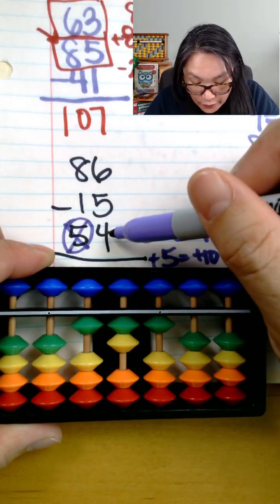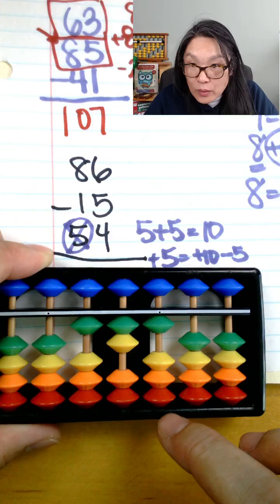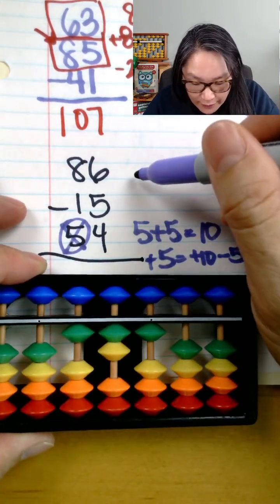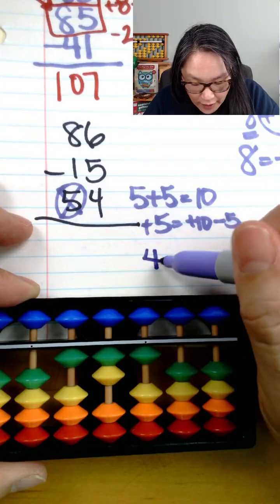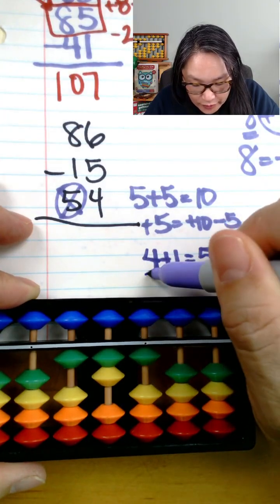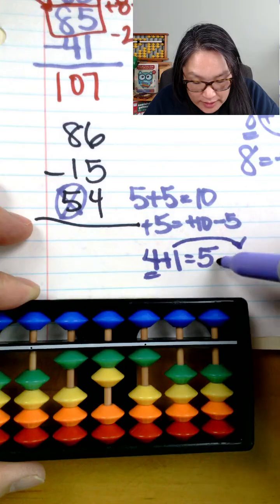Now we're going to add the 4 in the ones column. Notice I don't have enough beads to add the 4. So how do I make a 5? To make a 5 with a 4. There's a lot of numbers going around, right? So 5 minus 1 is equal to 4. So again, I'm going to isolate the variable, the 4, and make it where the 1 is a minus.